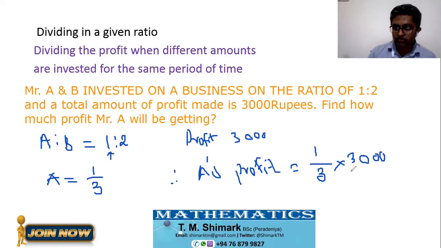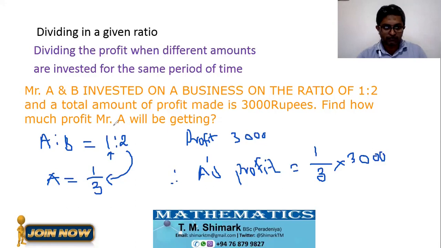So profit also has to be divided into 1 is to 2. That 1 is to 2 means if you change that into a fraction, A will be getting 1 portion and B will be getting 2 portions. If you change into fraction, 1 plus 2 is 3. That is the denominator you will be getting.